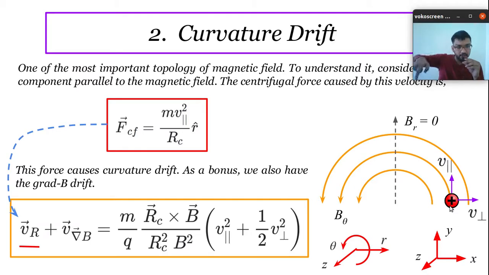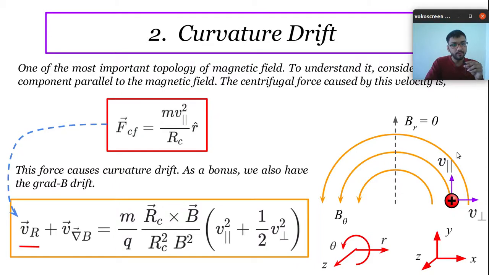When we introduce any charged particle in this kind of an environment, it will obviously have some kind of a velocity. Then with respect to this curvature, it will have a perpendicular component and it will have a parallel component.